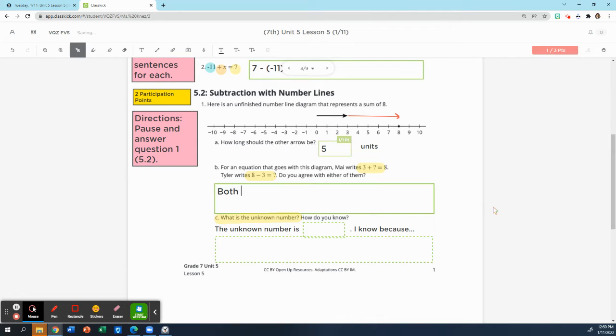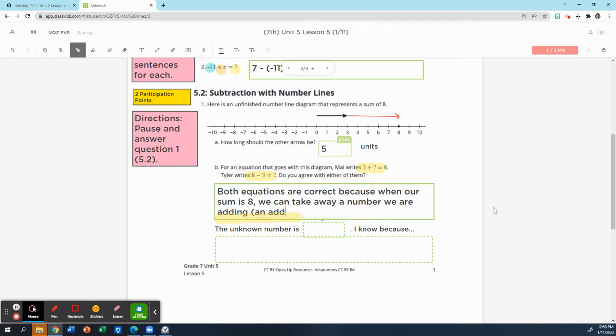We know that both equations are correct, and the reason is because when our sum is 8, we can take away a number we are adding, that's an addend, to find the other addend, the other number that we are adding. And so the missing number is 5 because 3 plus 5 equals 8.